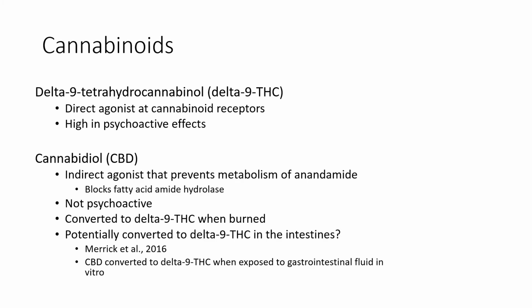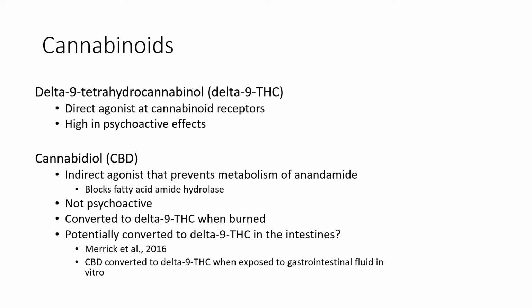An indirect agonist is actually CBD. So this is where CBDs and CBD oils come in. Because it's an indirect agonist, it prevents the metabolism of basically the thing that's affecting these receptors. So it itself is not psychoactive, but when it is burned, it is converted to THC.